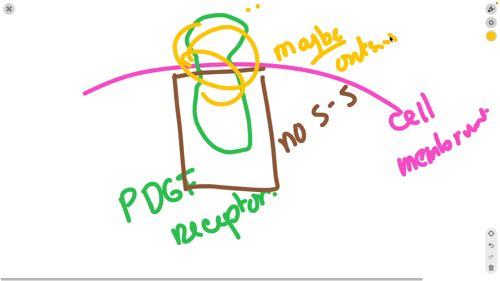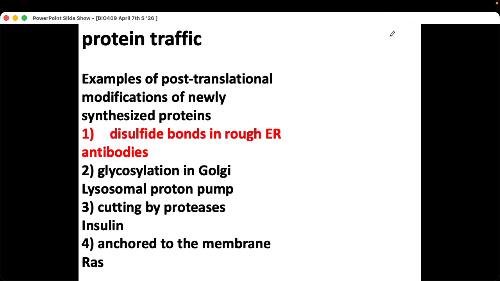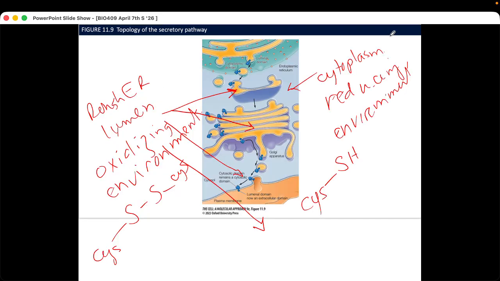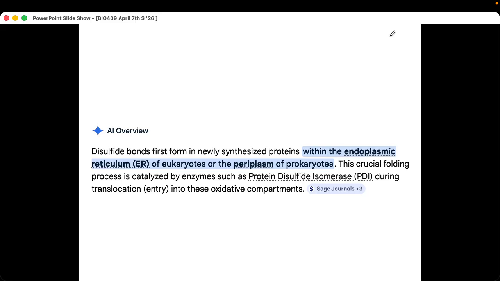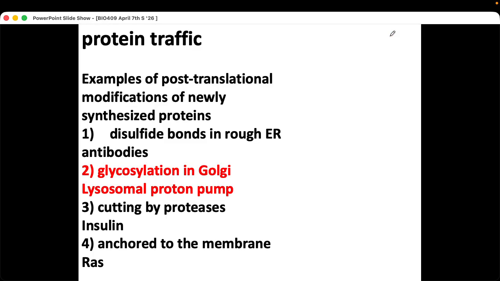Okay, so that's our first example, the antibodies doing that. That's an example of post-translational modification, a covalent change to a protein, and it happens in the rough ER.